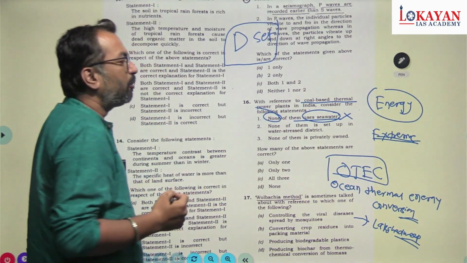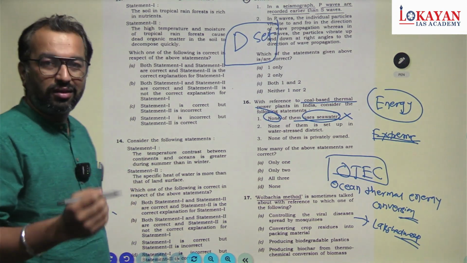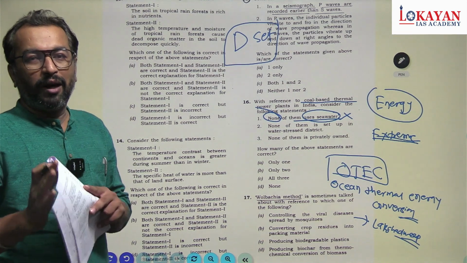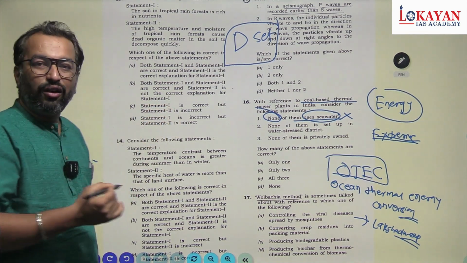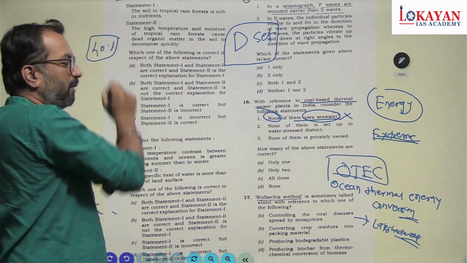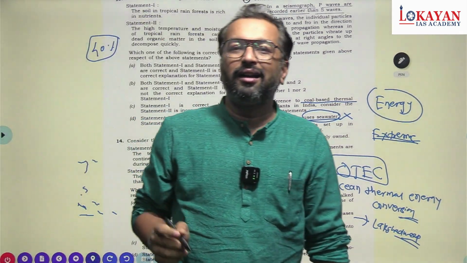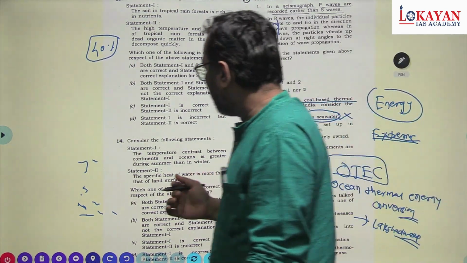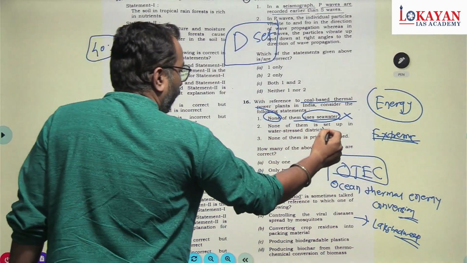Second statement, none of them is set up in a water-stressed district. The major hindrance regarding thermal power plants is scarcity of water. Nearly 40% of thermal power plants are in danger of closure due to scarcity of water. So the second extreme statement is also wrong.